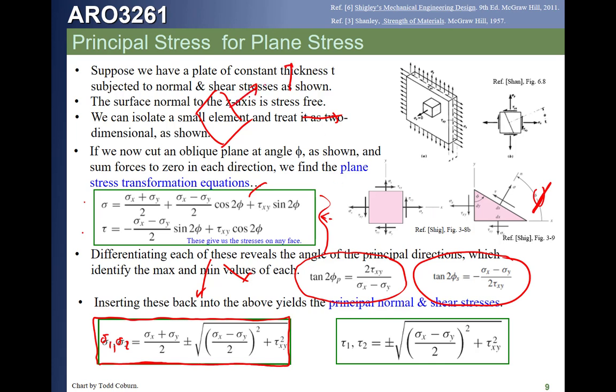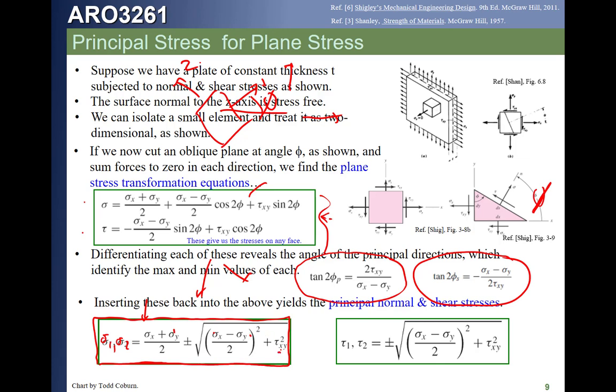We're going to call it sigma 1 and sigma 2 on those two faces now, at some angle which we're calling phi. So the way we get it, we can just plug in our x stress here and here, and our y stress here and here.